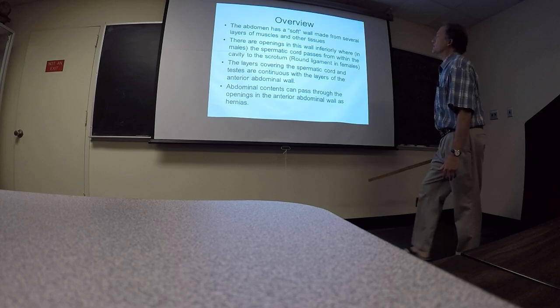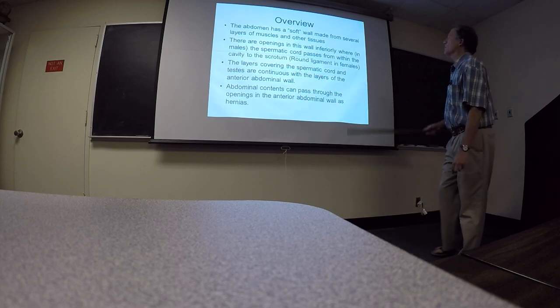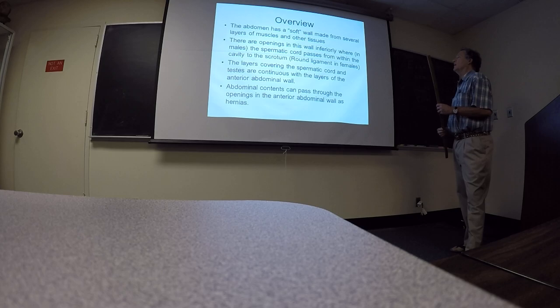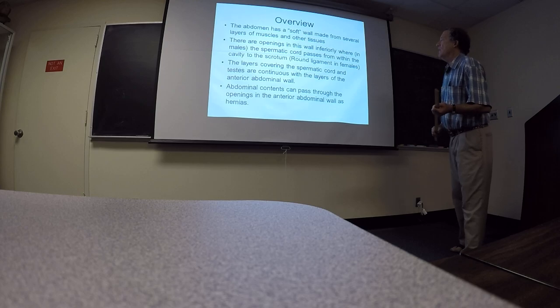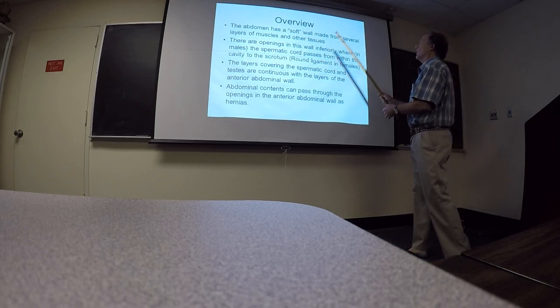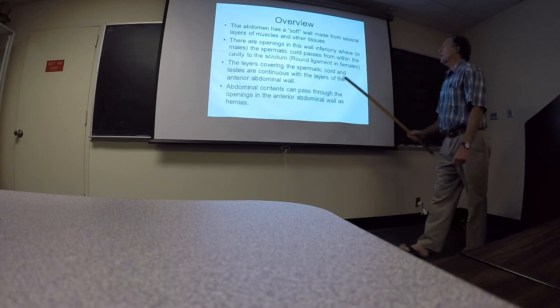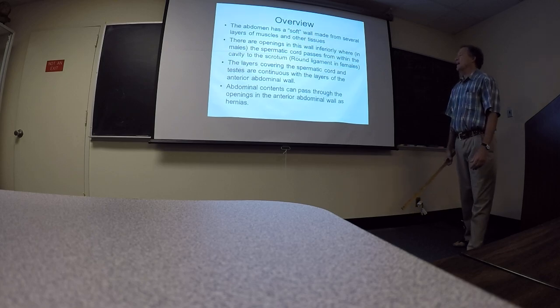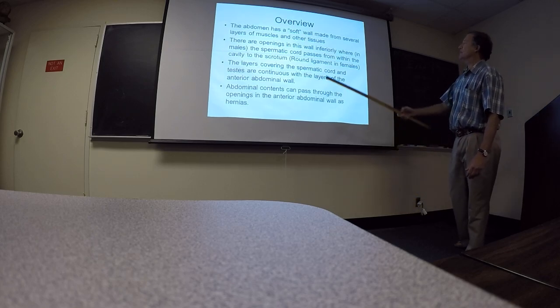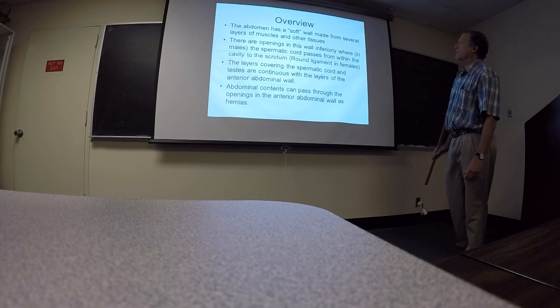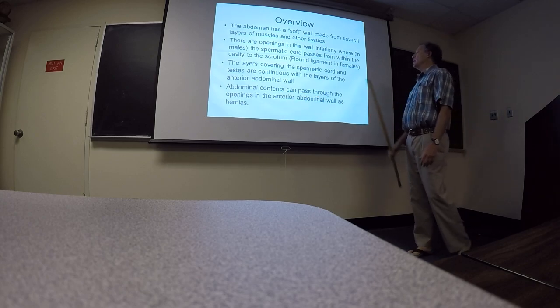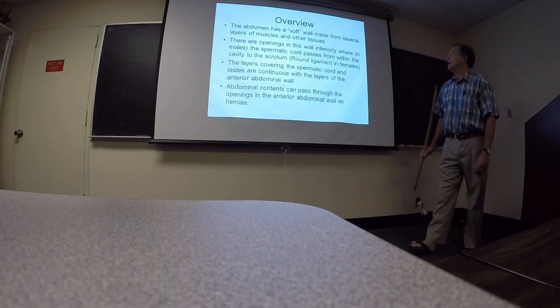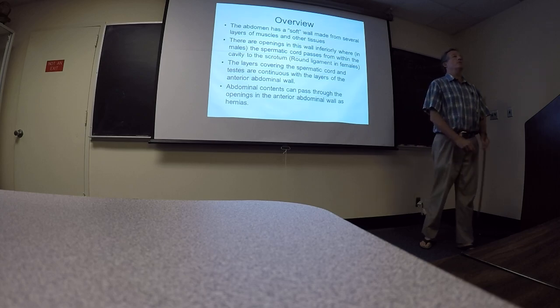The upshot is that the layers covering the spermatic cord and the testes in the male scrotum are continuous with layers of the anterior abdominal wall. The unfortunate consequence is that abdominal contents can pass through the same openings in the anterior abdominal wall that the testes go through in the course of development. And when bits of abdominal contents push through holes in the anterior abdominal wall, it's referred to as hernias.